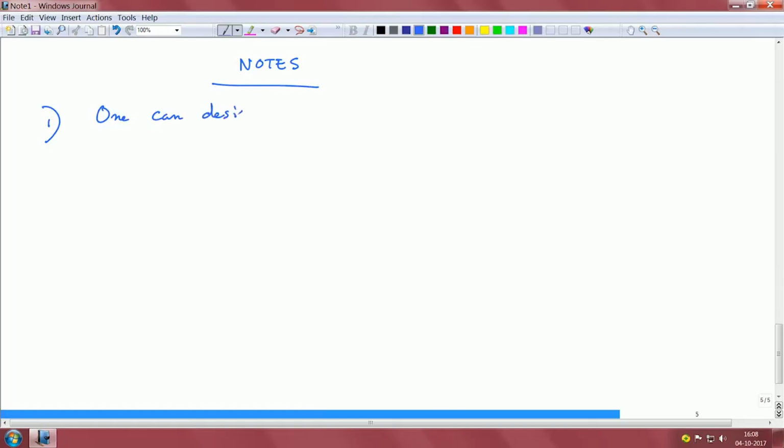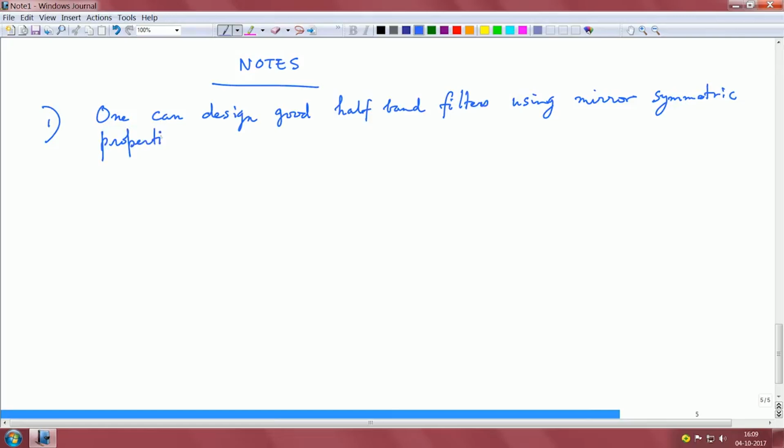One can design good half band filters endowed with mirror symmetric properties, and we saw in our homework exercise how having mirror symmetric properties will help us simplify our computations, right.